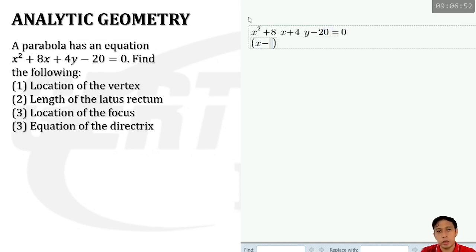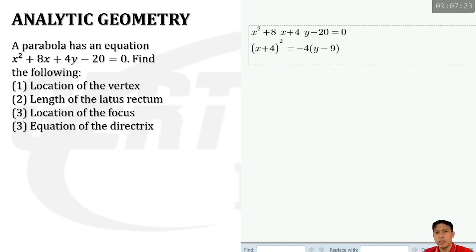X plus 4 squared is equal to negative 4 times y minus 9.